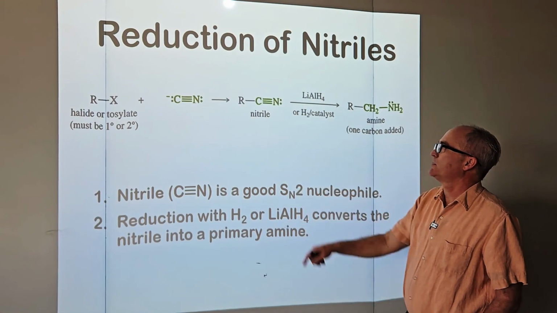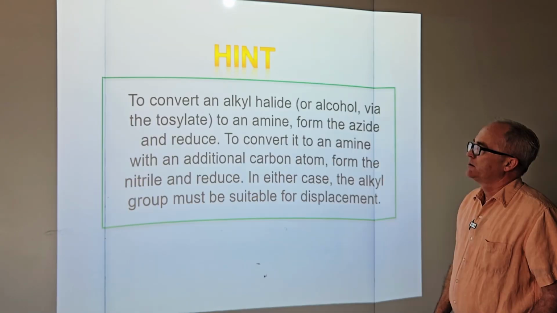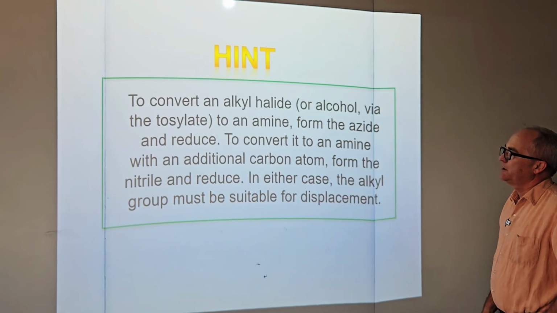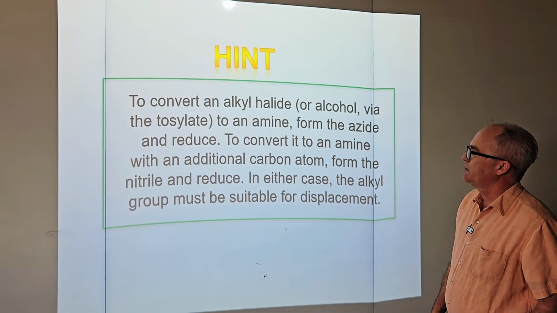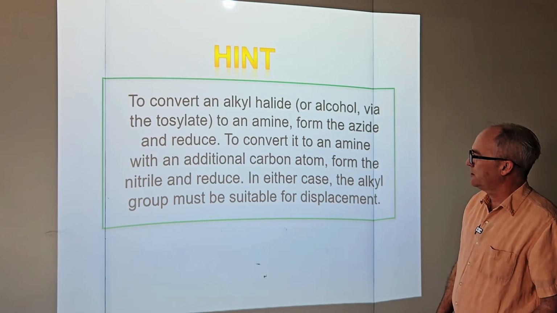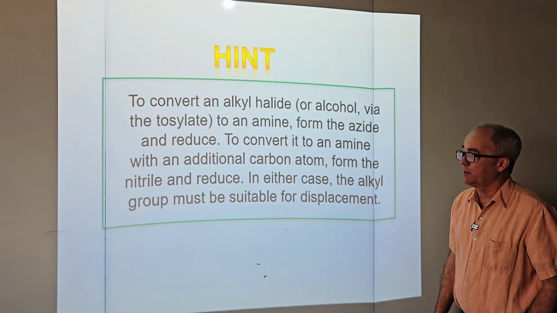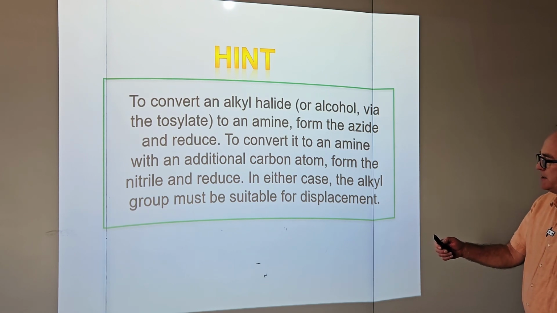Then we can reduce the triple bond down and get an amine. So to convert an alkyl halide or alcohol via the tosylate to an amine, form the azide and reduce. To convert it to an amine with an additional carbon atom, form the nitrile and reduce. In either case, the alkyl group must be suitable for displacement.